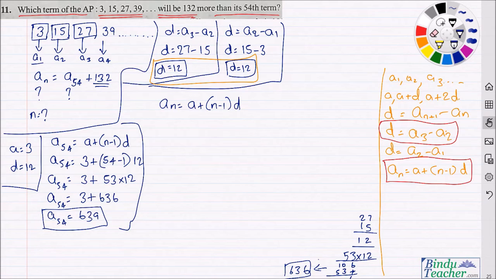Now we also have from this question A of n equals A of 54 plus 132.